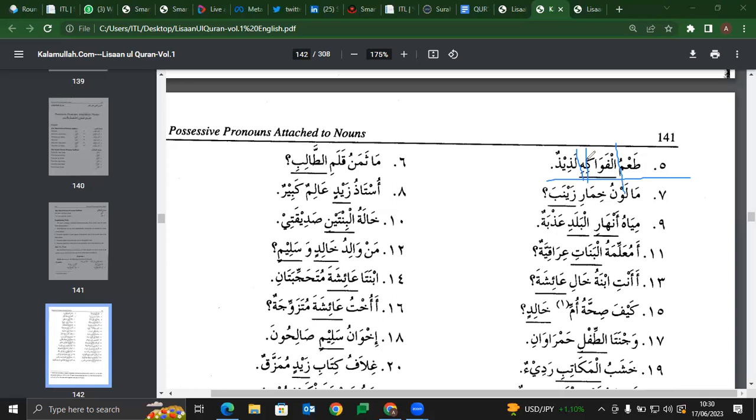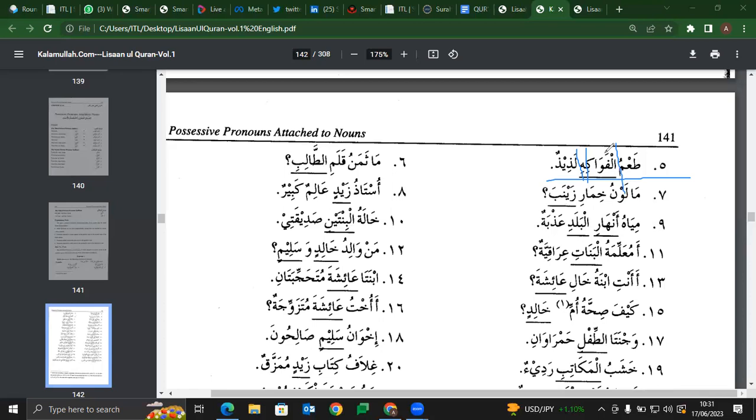So now translate this sentence for me: ta'amul fawakihi lazizun. Ta'amu means taste, fawakih means fruits, it's plural. So the taste of the fruits is delicious.